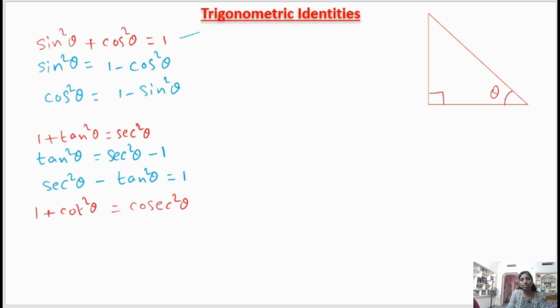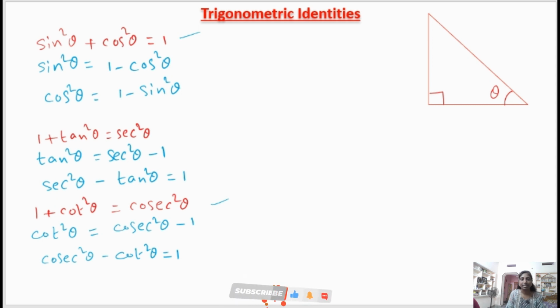The third identity, 1 plus cot square theta is equal to cosec square theta, can be written as cot square theta is equal to cosec square theta minus 1. And one more way is cosec square theta minus cot square theta is equal to 1. So we can use it in many ways.